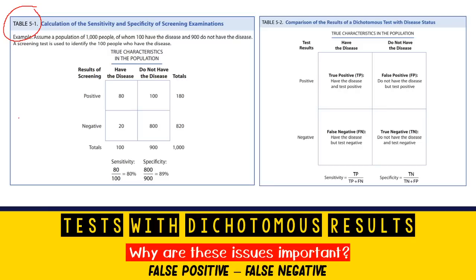So, as you can see, each of these numbers na inyuhang makita diri represents a certain category of those individuals present. Na kung tan-awon diri sa inyong 2 by 2 table, diri ang characteristic sa inyong population. So katong naay disease and katong walay disease.